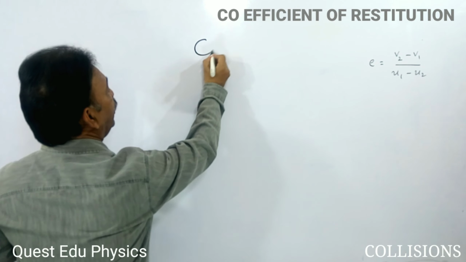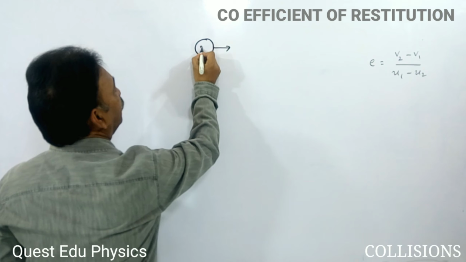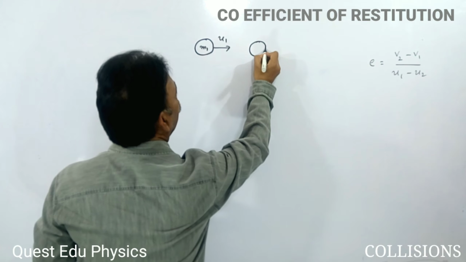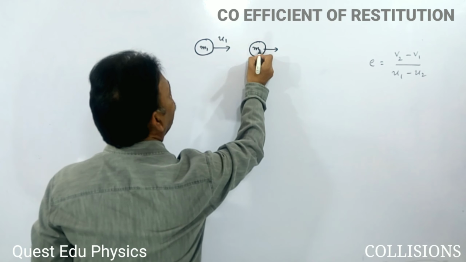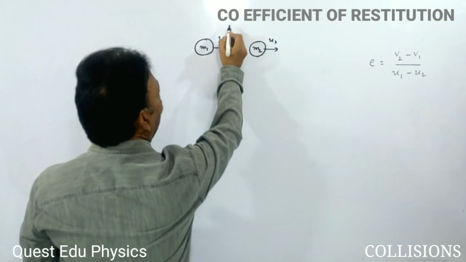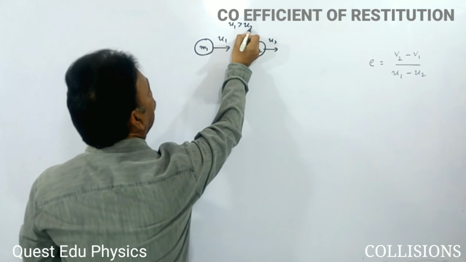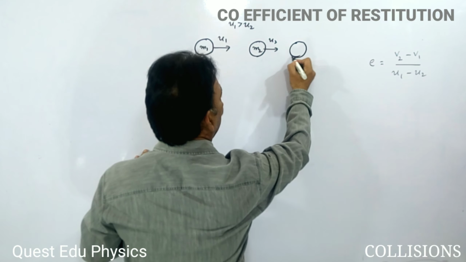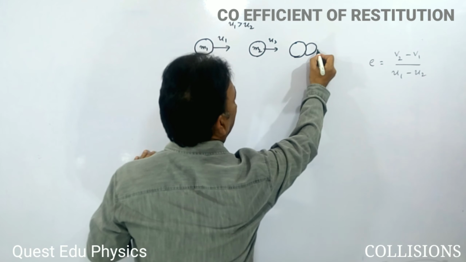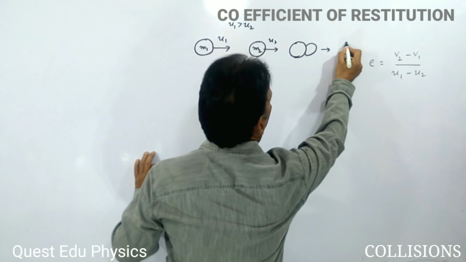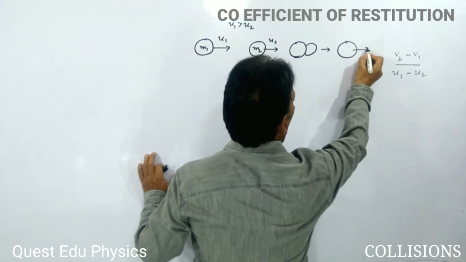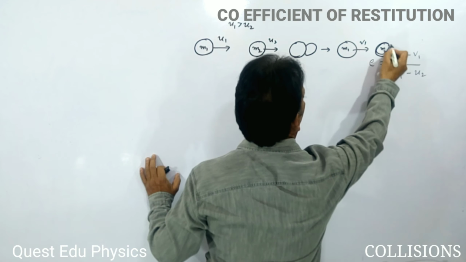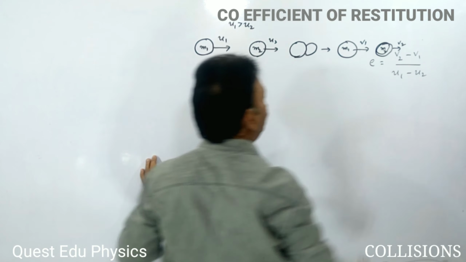Let's say the first body has a mass of m1, moving with a velocity of u1, and we have one more body moving along the same straight line with mass m2 and velocity u2, where u1 is greater than u2. For a fraction of time they collide, and then they get separated, and the bodies acquire the velocities v1 and v2.